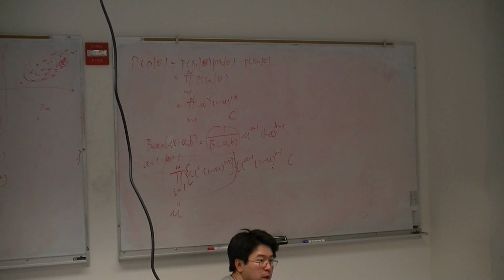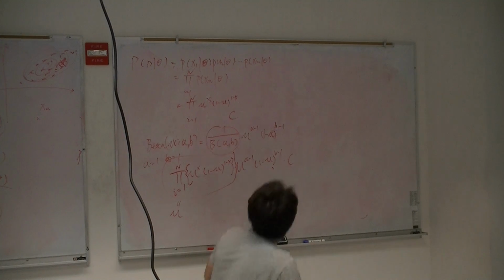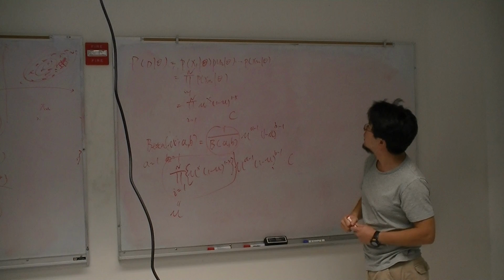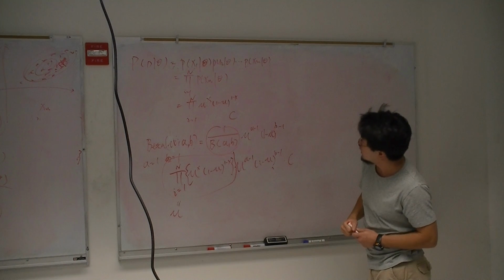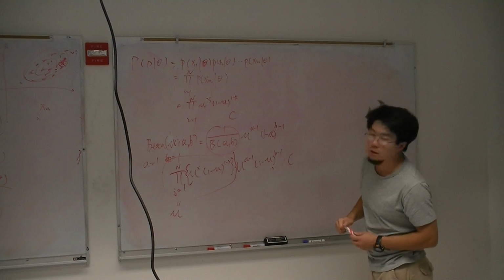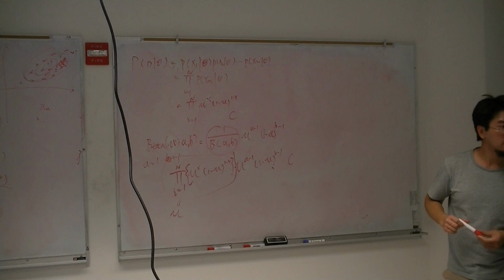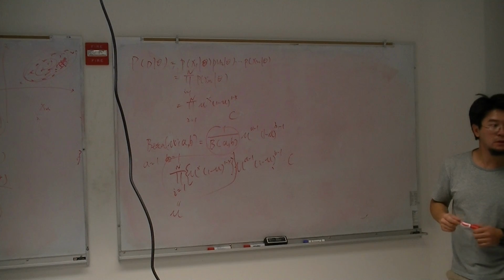I think it's not 1 minus x, it should be n minus x, right? 1 minus mu, to the power of n minus x. Because you flip x times and get x heads and then n minus x tails, right?